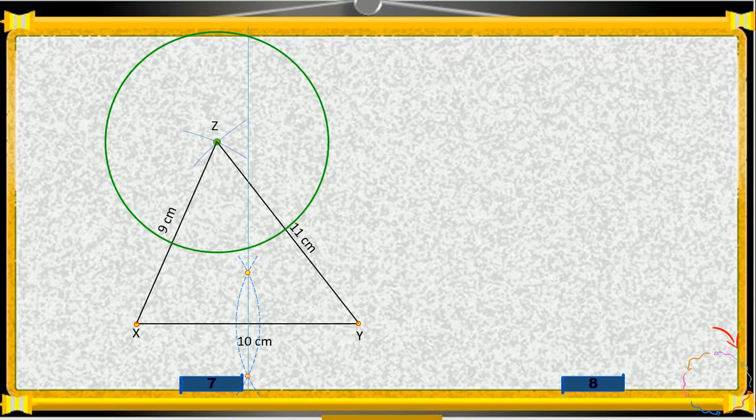The health center must also be located anywhere along this circle, but the point of location will be the intersection of this line and the circle. So now we have the first point at this point and the second point at this point. So these are the two possible locations of the health center.